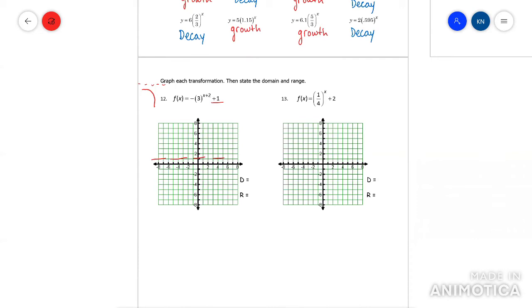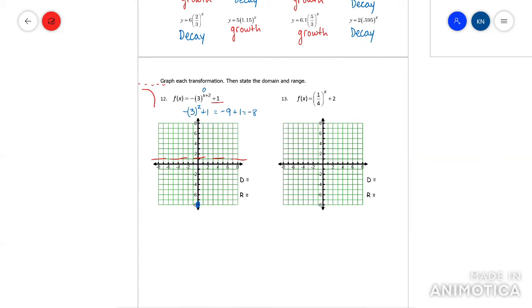It's here. And now I find my y-intercept by plugging in 0 for x. So if you plug in a 0 there, you get negative 3 squared plus 1. So it's negative times 9. So it's -9 plus 1, which is -8.